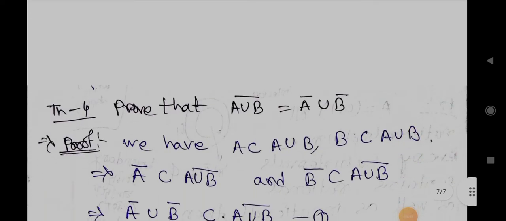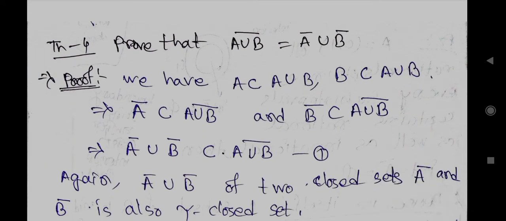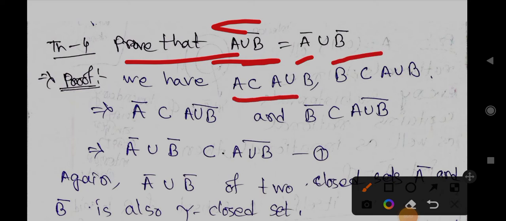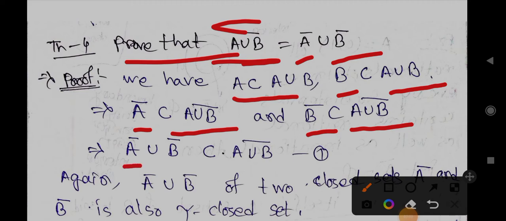Next, a theorem. Prove that closure of (A ∪ B) equals A bar ∪ B bar. We have A ⊂ A ∪ B and B ⊂ A ∪ B, which implies A bar ⊂ closure of (A ∪ B) and B bar ⊂ closure of (A ∪ B), which implies A bar ∪ B bar ⊂ closure of (A ∪ B).